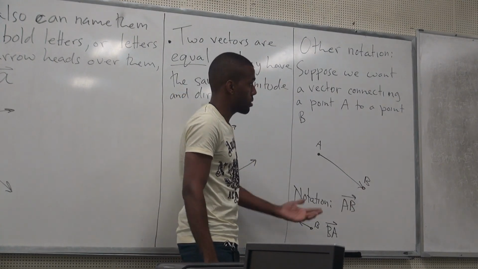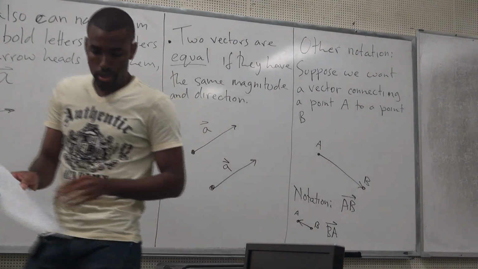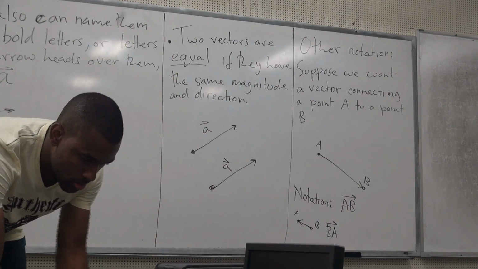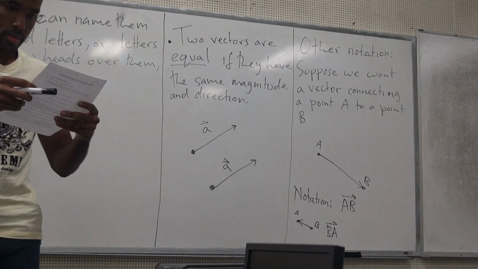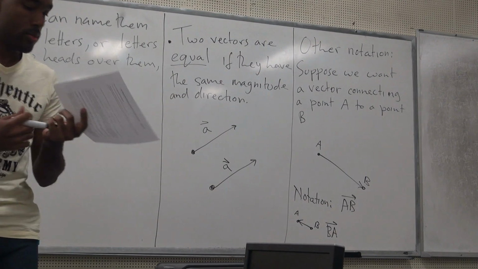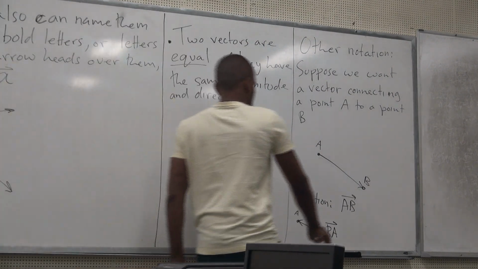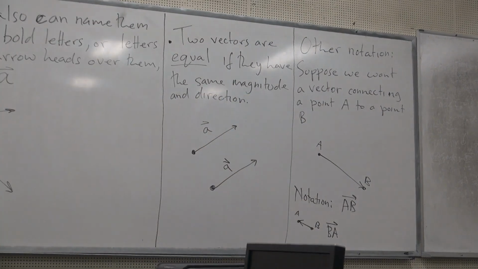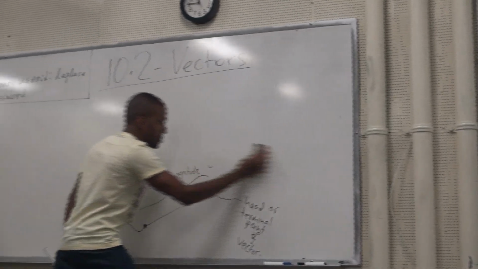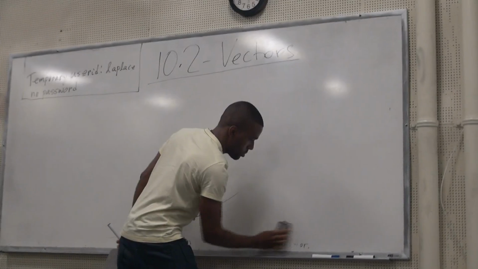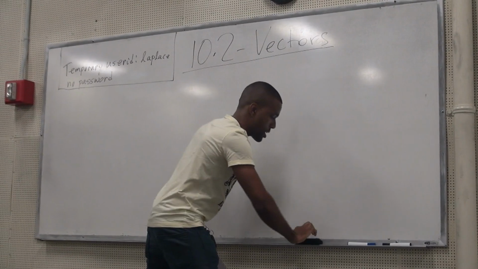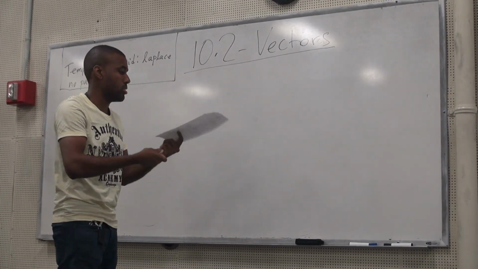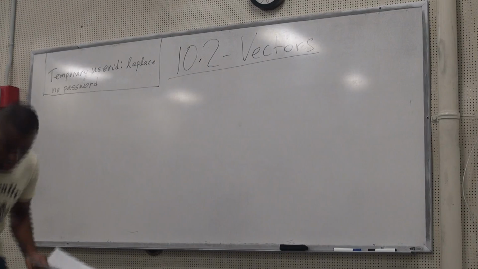And so that's another notation. We're going to be working with vectors a lot, especially in chapter 10. So these are all notations you're going to have to get used to.